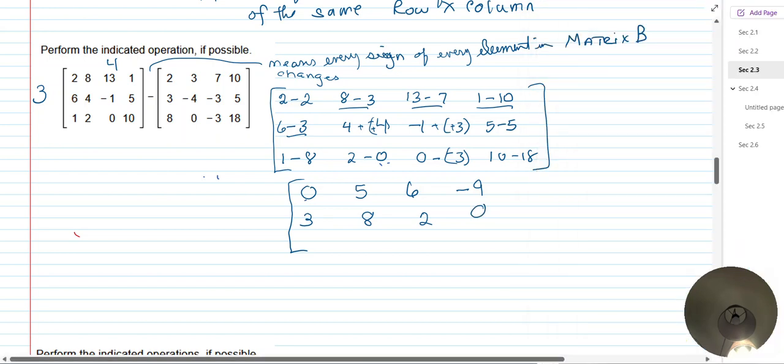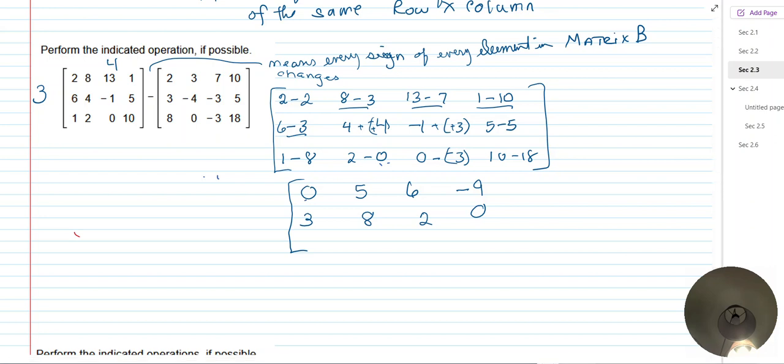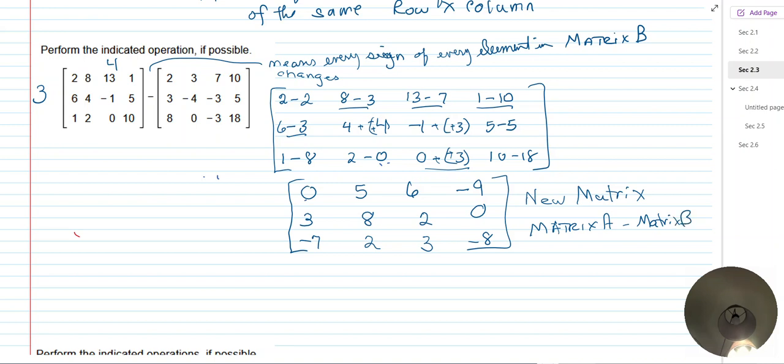Here's my last row: 1 minus 8, negative 7. 2 minus 0 is still a 2. 0 minus a negative 3 is a positive 3. And 10 minus 18 is a negative 8. Okay, so this is the new matrix of matrix A minus matrix B.